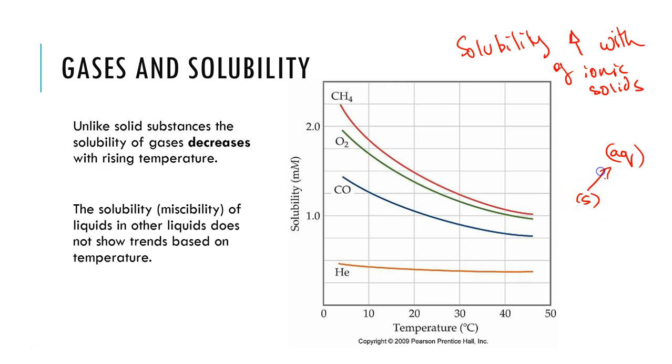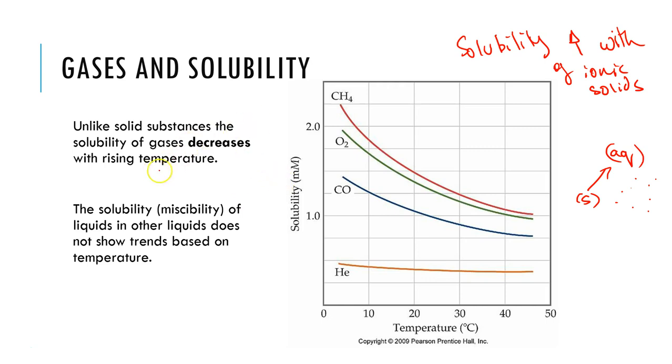So in order to get enough kinetic energy for the particles to be floating around in solution, we need to add energy in. So if we add energy into that system, we will get more solid dissolved into the solution. However, that's not the case with gases.